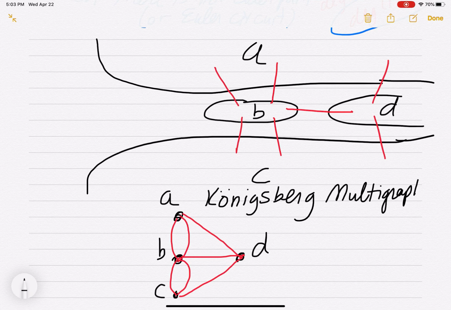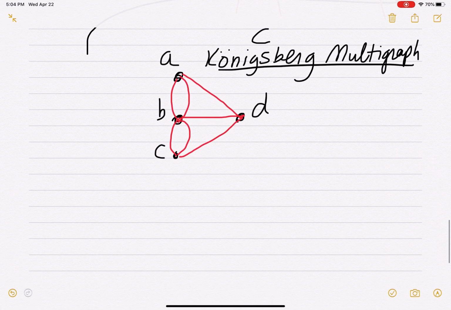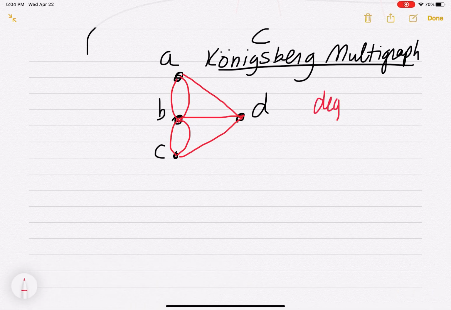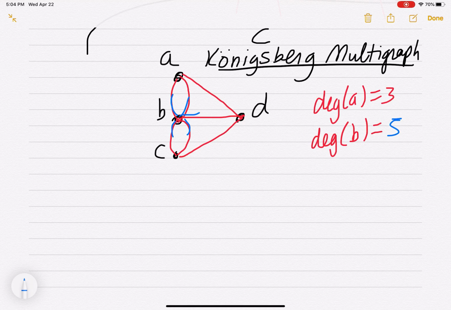So how can we show that there's not a way to walk across those bridges exactly once? You just look at the degrees of the vertices. Degree of A is 3. Degree of B is 1, 2, 3, 4, 5. Degree of C is 3. Degree of D is 3.